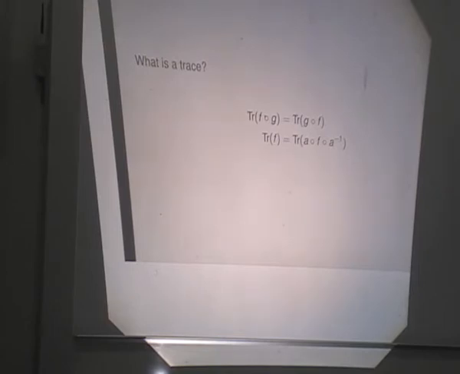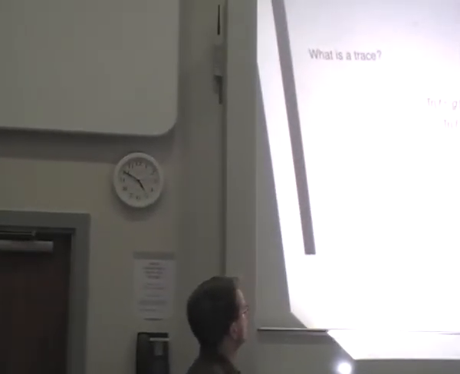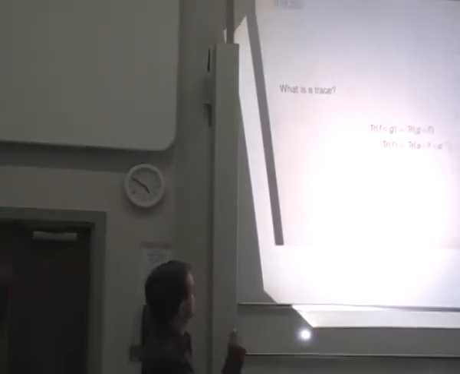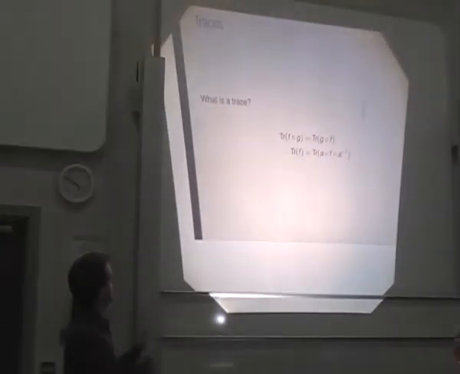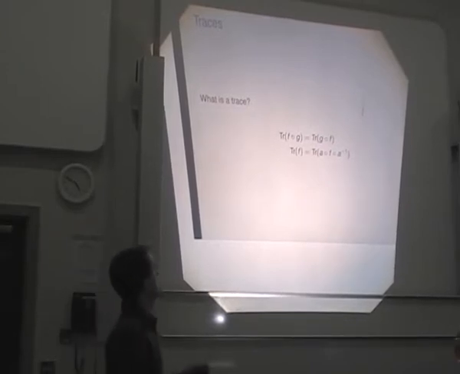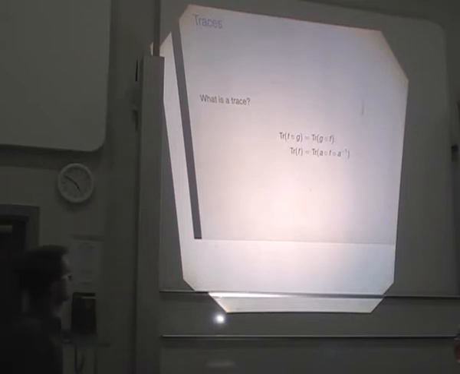What is a trace? As an algebraist, I suppose, a trace is some function which is invariant under commutation. The trace of fg is equal to the trace of gf. If you think about the traces of matrices, this is the kind of thing you have.